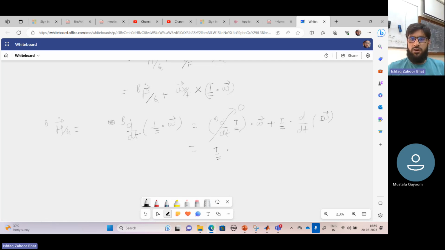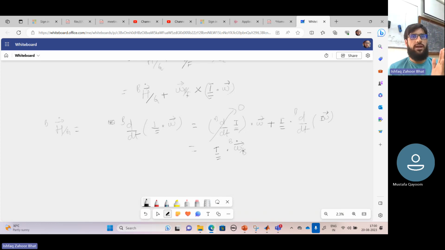I dot, what is this? This is omega dot. Okay, and this is in body frame, and we are taking it with respect to the body frame. And this omega is omega of what? It is our body. So we are taking the derivative of body frame with respect to the inertial frame. Try to understand what I am saying.